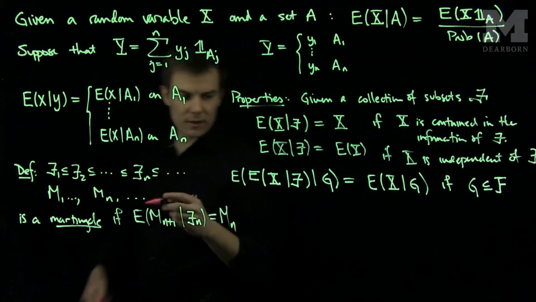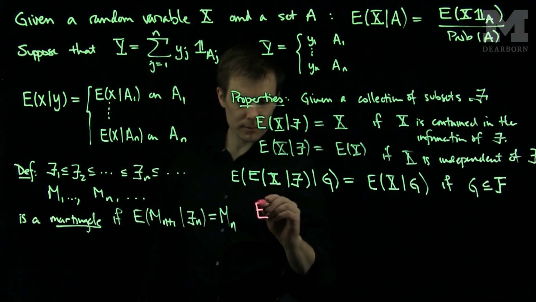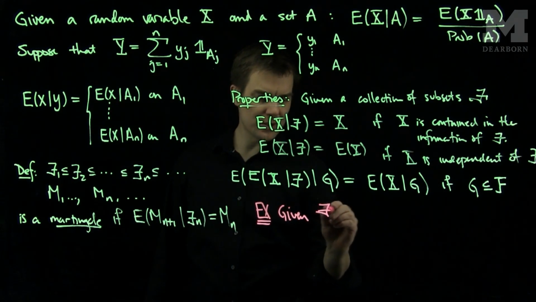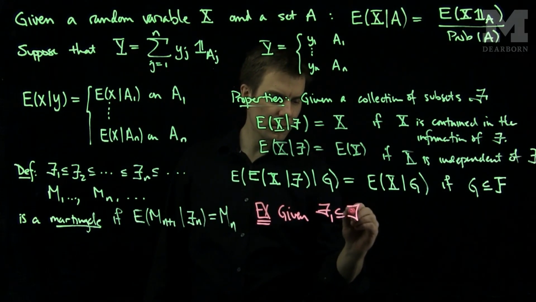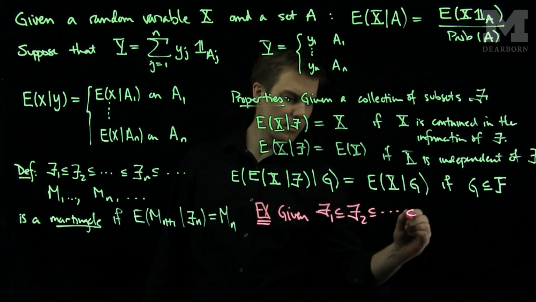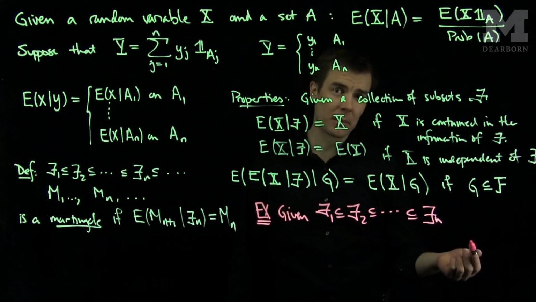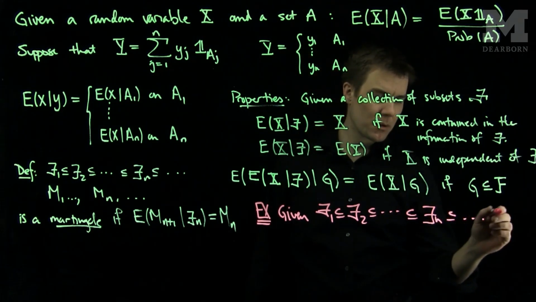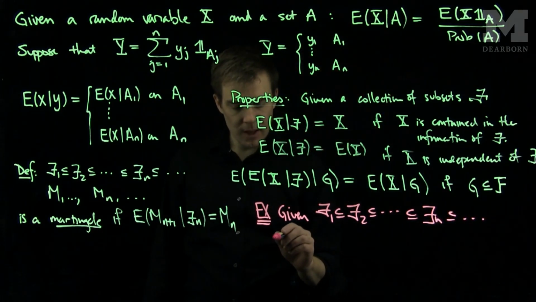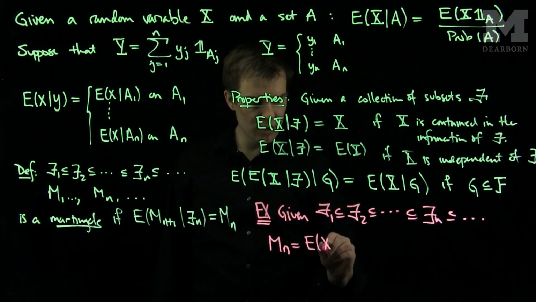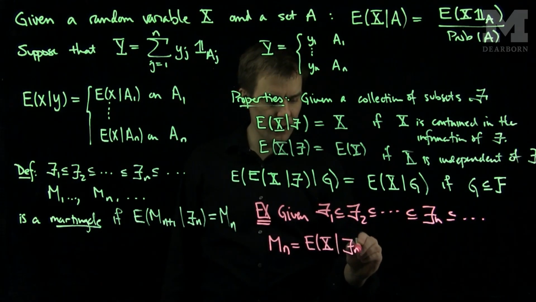Let's look at the following example. Given an increasing sequence of information, or we can think of them as finer and finer partitions of the probability space, and x, I will construct Mn as the conditional expectation of x given the nth bit of information.